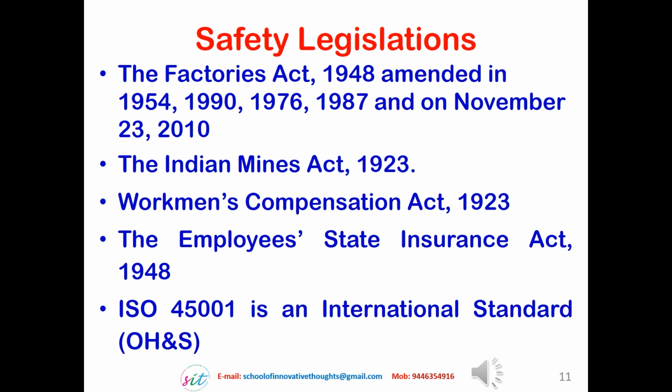Another safety law in India is the Indian Mines Act 1923, and the act providing compensation to workers is the Workmen's Compensation Act 1923. Then another act is the Employees' State Insurance Act of 1948, and one of the international standards is ISO 45001, which deals with occupational health and safety.